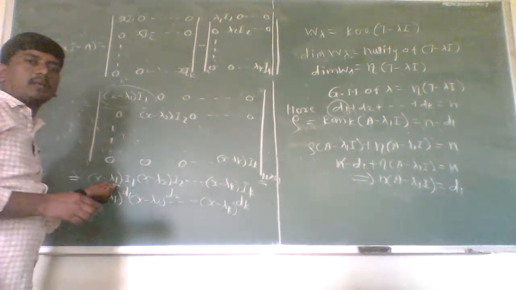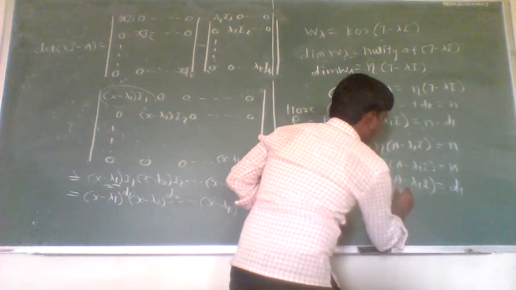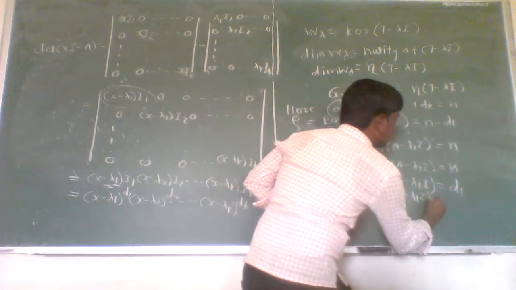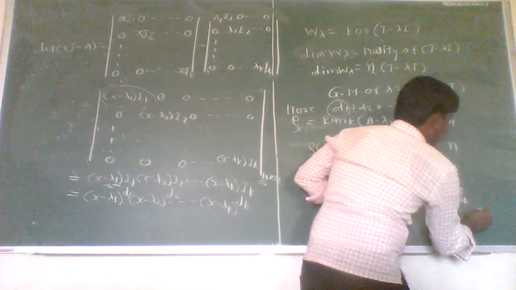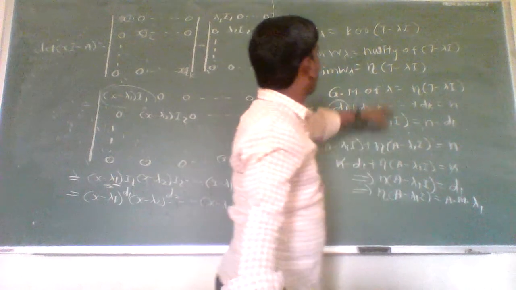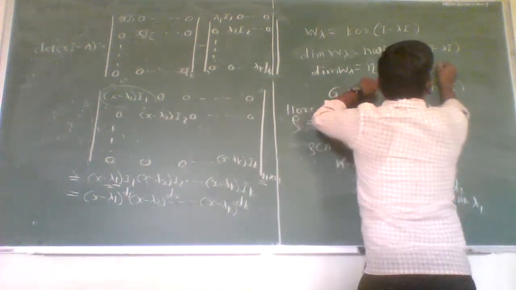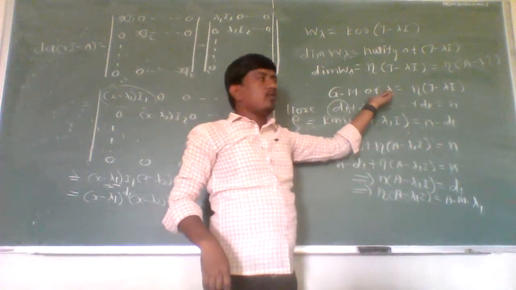Then the algebraic multiplicity of lambda 1 is d1, which implies nullity of A minus lambda 1 I is equal to the algebraic multiplicity of eigenvalue lambda 1. But the nullity of A minus lambda I is nothing but the geometric multiplicity of eigenvalue lambda.